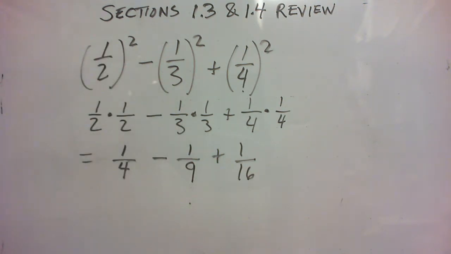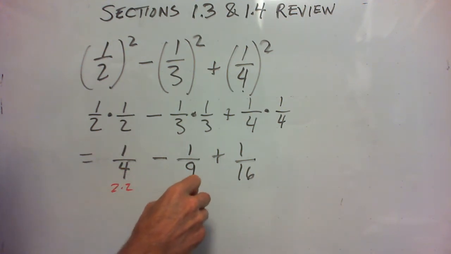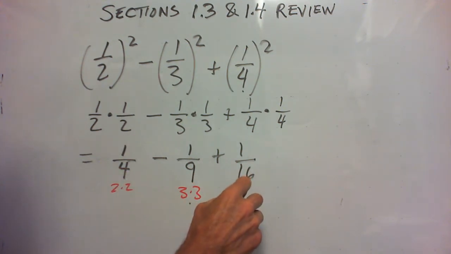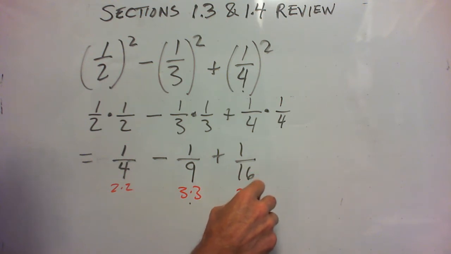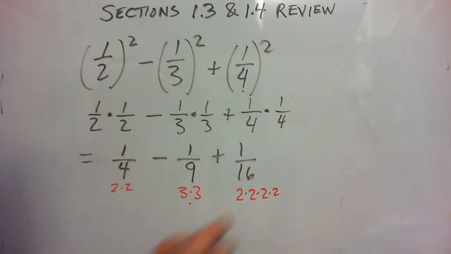So now you need a least common denominator or a common denominator. Now you can do these prime factorizations. 4 is 2 times 2, 9 is 3 times 3, 16 is 2 times 2 times 2 times 2. It's 4 2's.